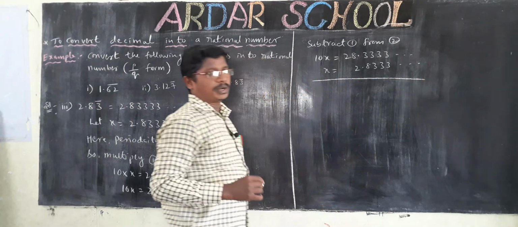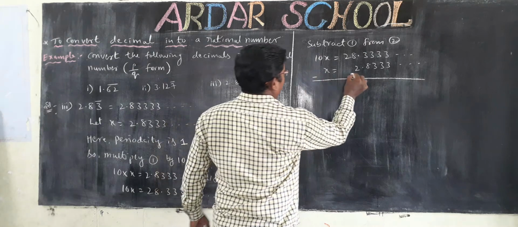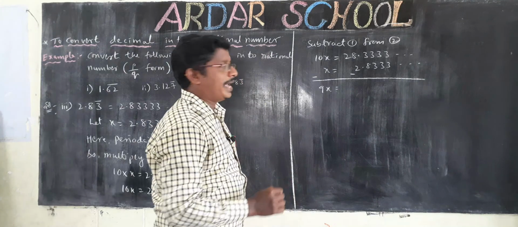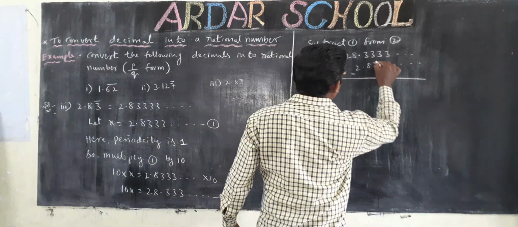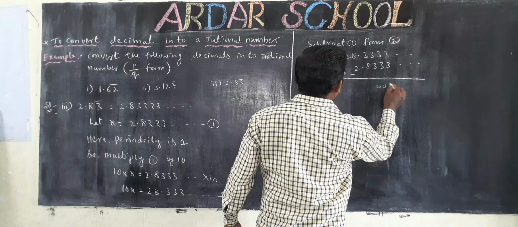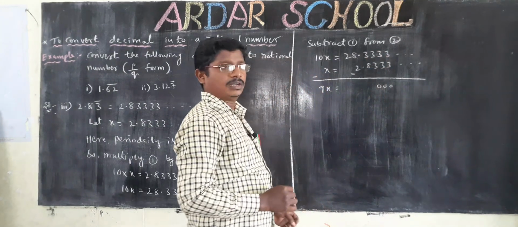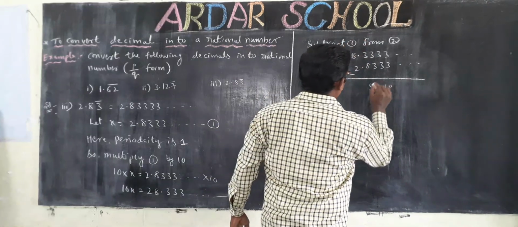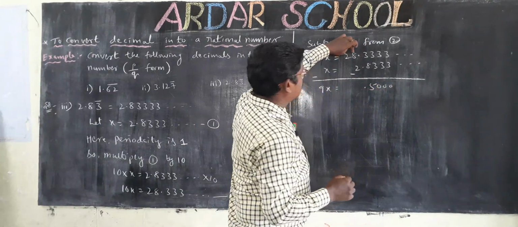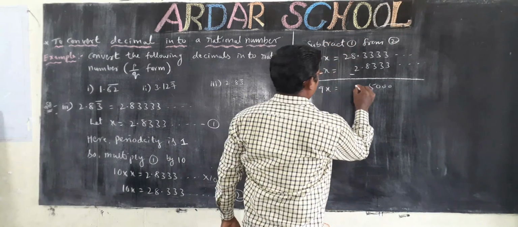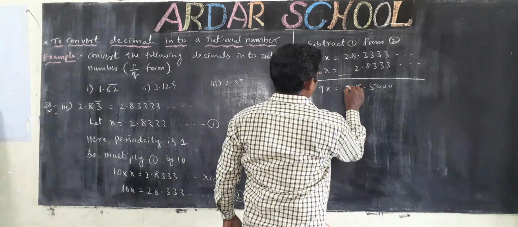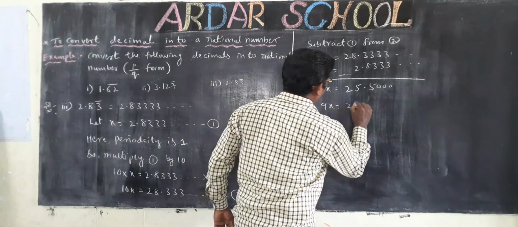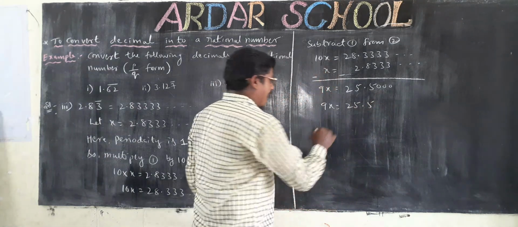Now subtract these two. 10x minus x is 9x. 9x is equal to, here 3 minus 3 is 0, 3 minus 8 is not possible, take borrow, 13 minus 8 is 5. Point, here 7 is left, 7 minus 2 is 5, so 25.5. So 9x is equal to 25.5.